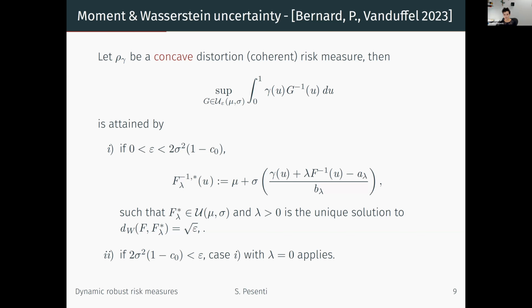The lambda A and lambda B are such that the quantile function has the same mean and variance as the reference, and then the lambda is the solution such that the Wasserstein distance is binding. So this lambda depends on the reference distribution as well as epsilon. And if epsilon gets large enough, then we're back in the case where we only have the moment constraint.